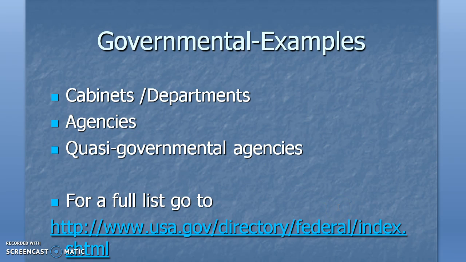There are a number of agencies, such as the Federal Reserve or the Environmental Protection Agency. And then there are a large number of what we call quasi-governmental agencies, which are agencies that are set up by the federal government or state governments, but then do their own thing. You can see a whole list of these different kinds of organizations at the website below, and you'll be amazed at just exactly how many different kinds of organizations there are that come out of government action.